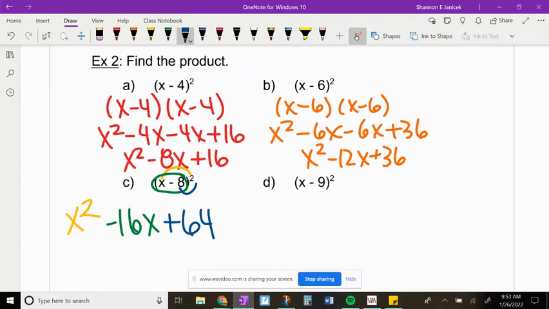Is it saving me that much time? No. But if I see a pattern, is it okay if I take a shortcut for the first time you're allowed to in algebra? 100%. So again, I'm going to double this middle term, so I get negative 18x. And then lastly, I get negative 9 squared, which is positive 81.